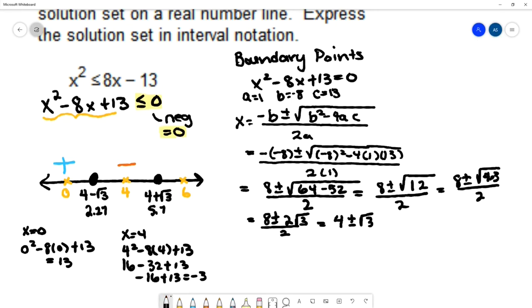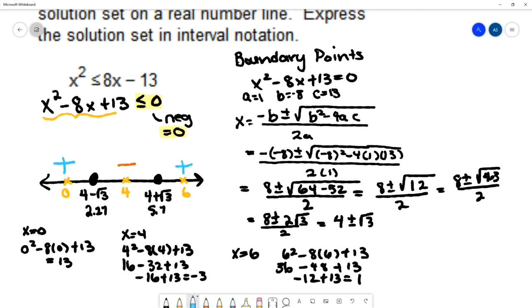And then our final test point, x equals 6, would give us 6 squared minus 8 times 6 plus 13. That would give us 36 minus 48 plus 13. And 36 minus 48, that's a negative 12 plus 13, and that's a positive 1. So in this interval, we get positive values.